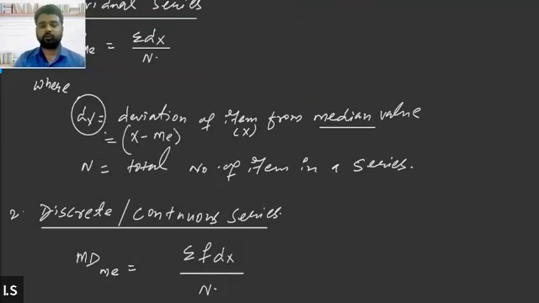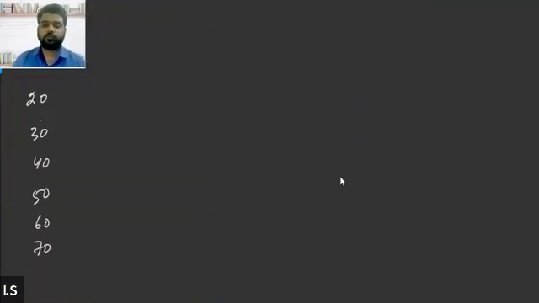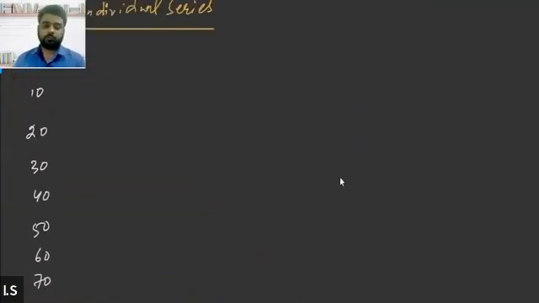In order to find the deviation value, we need to subtract the median from each and every item. So for that purpose, we will have to find the median first. The requirement of the question is to figure out the dx.